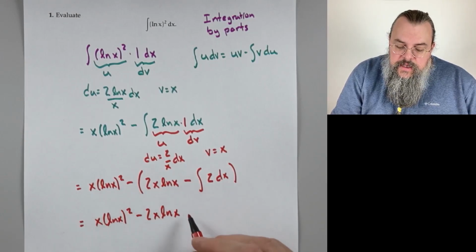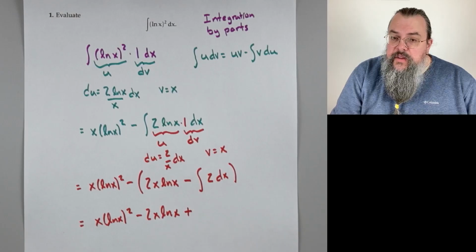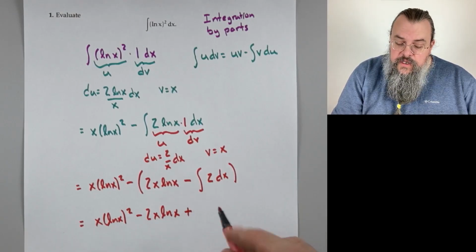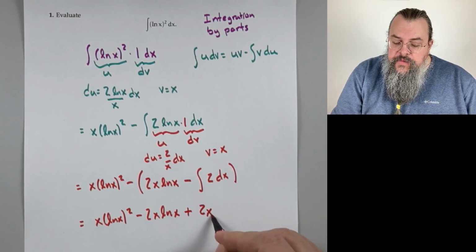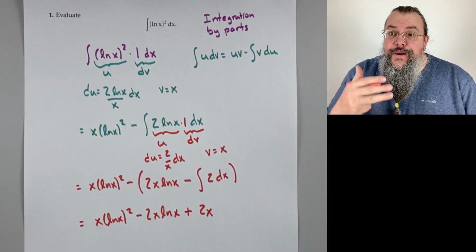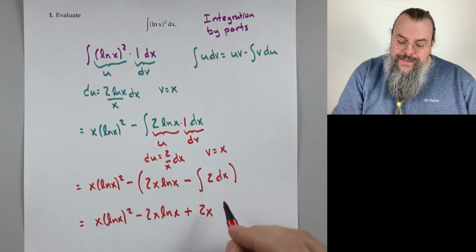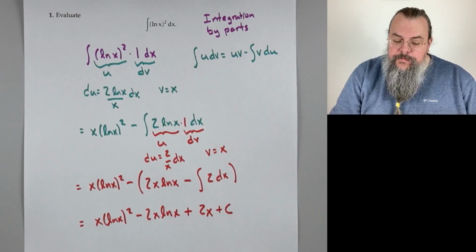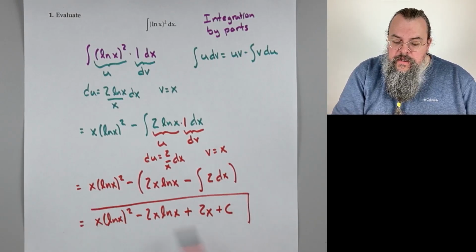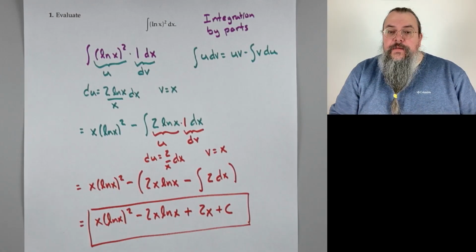That's where you need that parenthesis, becomes plus. The integral of 2 is going to be 2x. And because we want all the points, plus c. And there we go. Life is good.